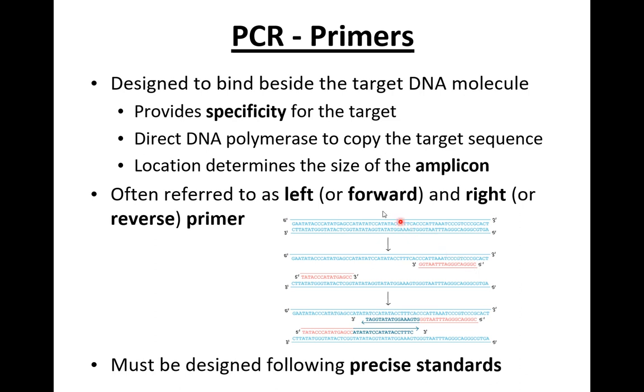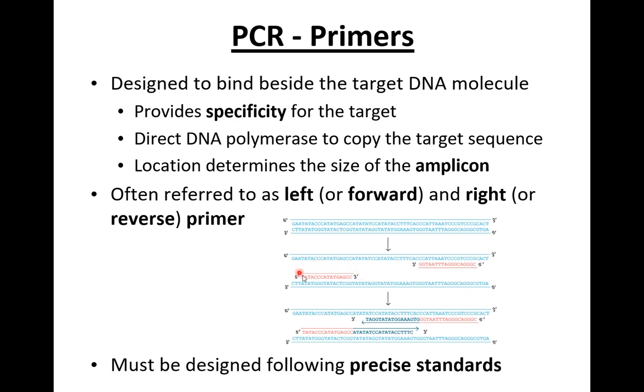When you read about primers, oftentimes you see them referred to as left or forward and right or reverse primer. And usually by definition, the left primer will be the one, so if you write your target DNA with a 5 to 3 prime strand on the top and 3 prime to 5 prime strand on the bottom here, the left or forward primer will be the one binding upstream, if you want, of your target sequence here on the 3 prime to 5 prime strand.